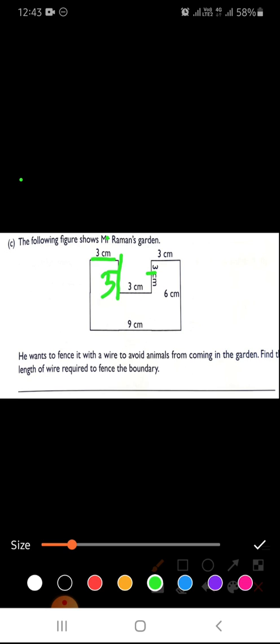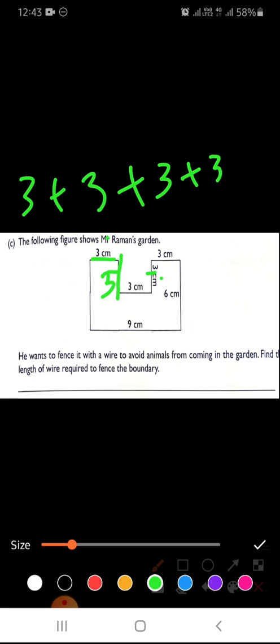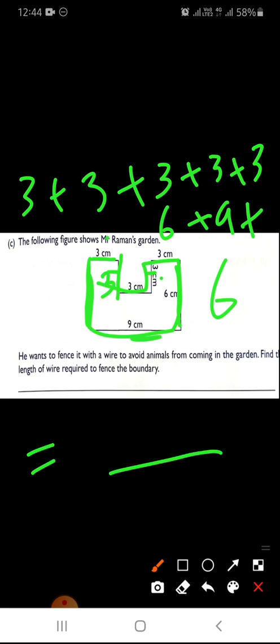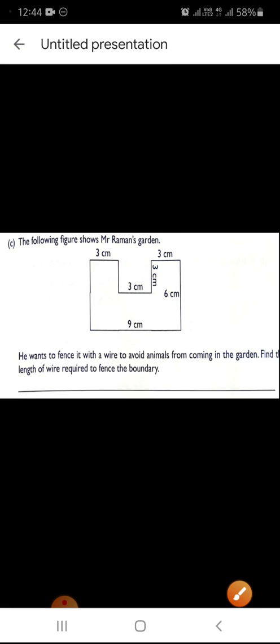So 3 plus 3 plus 3 plus 3 plus 3, this is 6 plus 9, plus this side will also be 6. Now add these and you will get the perimeter of the whole garden. This way you can find the perimeter of the garden.